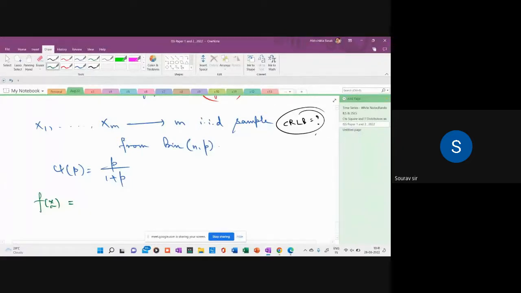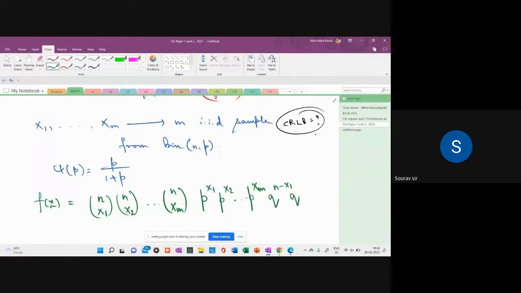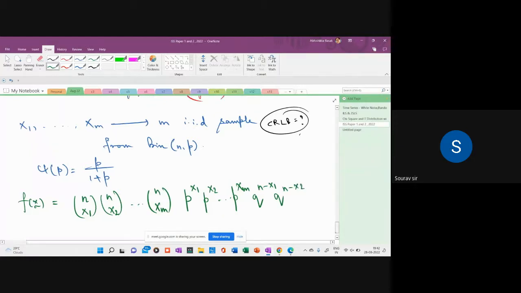The binomial parameter is n, so nCx1, nCx2, and nCxm, times p to the power x1, p to the power x2, p to the power xm, and q to the power n minus x1, q to the power n minus x2, and like this we will have q to the power n minus xm.